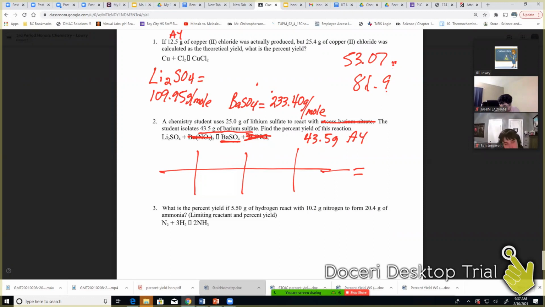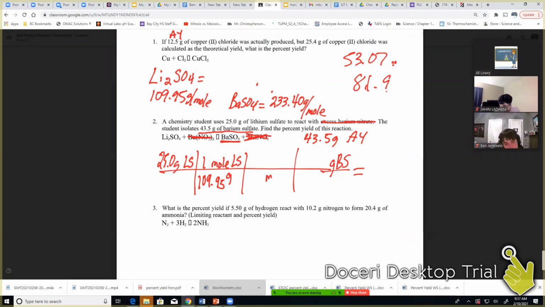Perfect. All righty. Okay, so we have 25 grams of lithium sulfate, and we need to get to grams of barium sulfate. And so I needed a molar mass here, so I gave it to you, which definitely makes it a lot quicker. Grams per 1 mole of lithium sulfate.